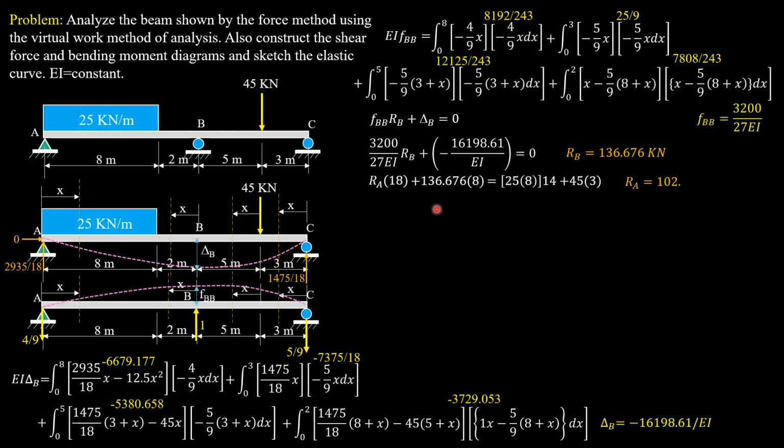So RA can now be found, and it is equal to 102.311 kilonewtons, just like in your solution.